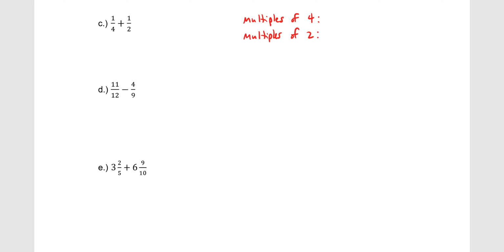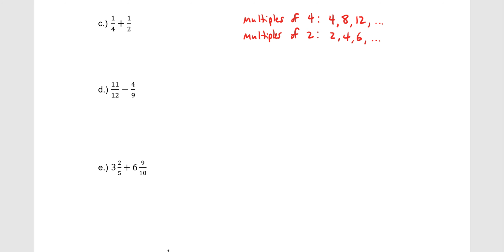So multiples of a number are going to start with the number itself, and then you just add the number continuously to itself. So multiples of 4 are going to be 4, 8, 12, 16, and so on. Multiples of 2 are going to be 2, 4, 6, 8, and so on.